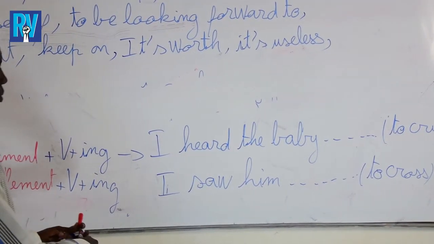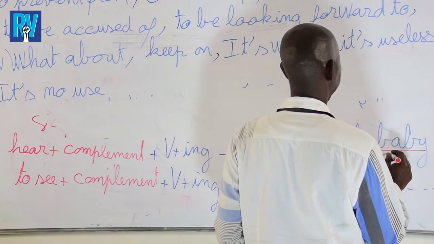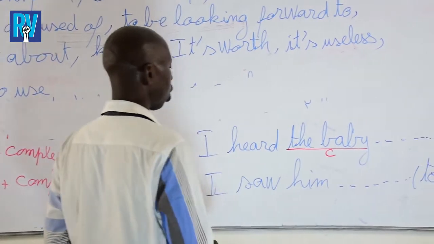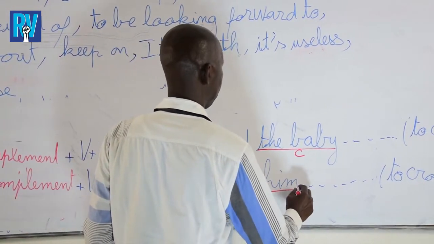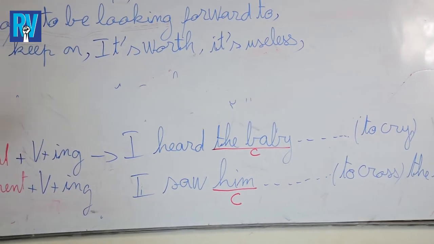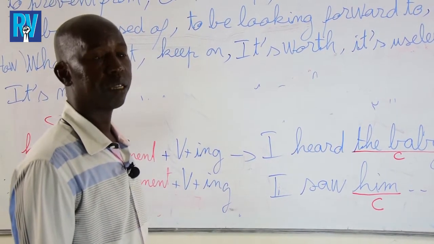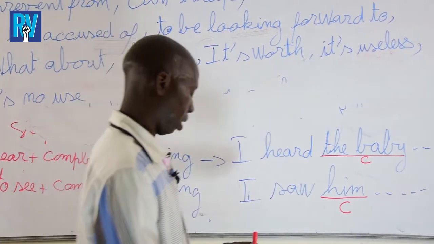I heard the baby, complement. I saw him, complement. Donc le verbe qui suit prend la forme ing. I heard the baby crying. J'entendais le bébé qui pleurait.